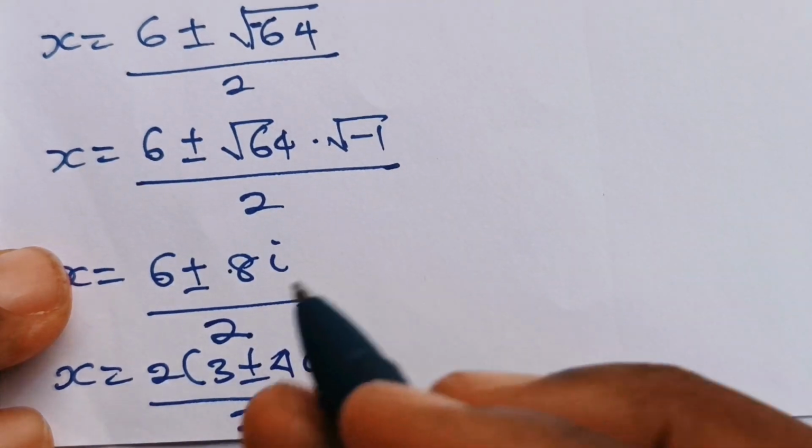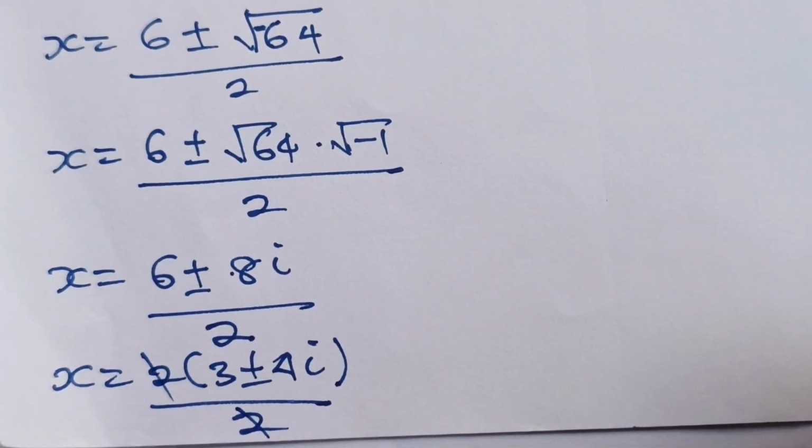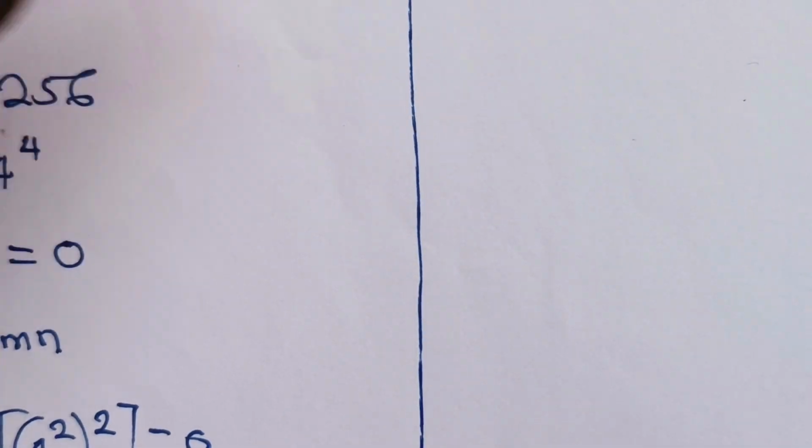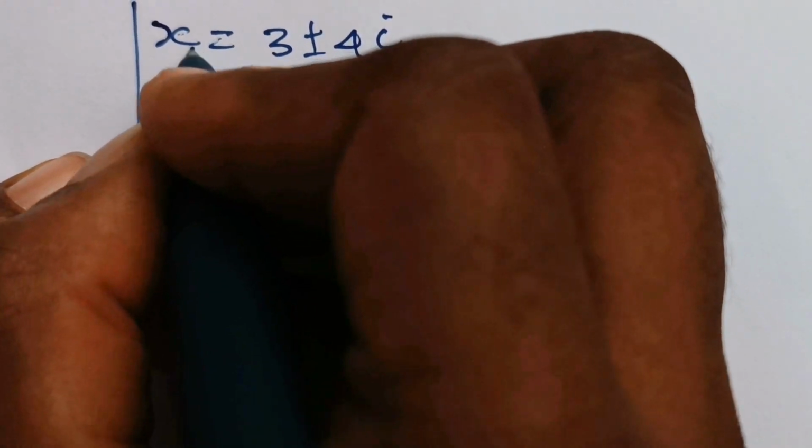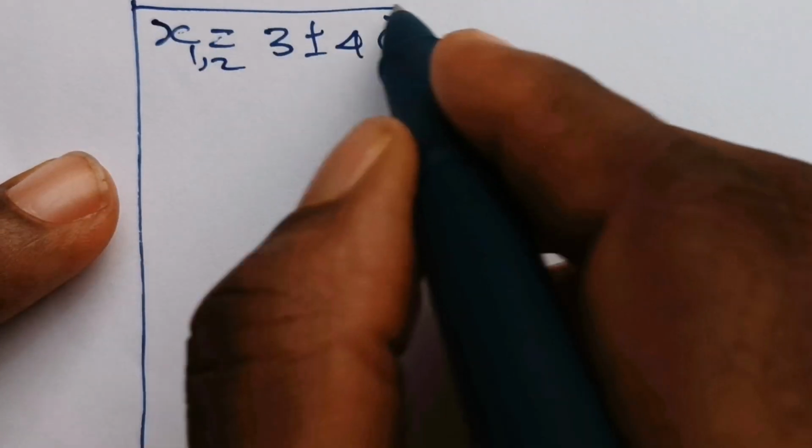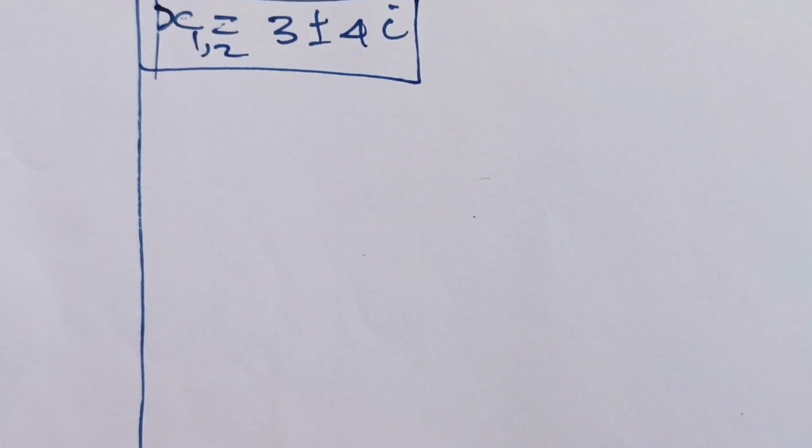Yes. Now this 2, we cancel this 2. Permit me to draw this line. And we can say that our x is equal to 3 plus or minus 4i. All right. So this is the first and the second value of our x.